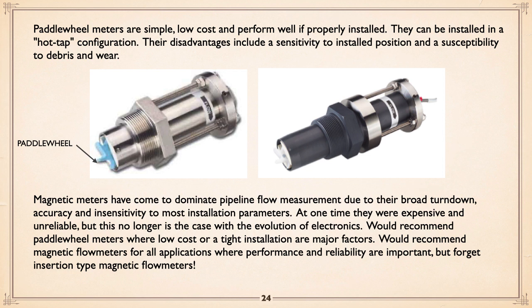At one time, mag meters were super expensive and unreliable, just like adjustable speed solid state drives used to be. But electronics have moved, and paddle wheel meters, we're talking about those, where low cost and tight installation are major factors. Mag flow meters for anywhere that you want performance and reliability.